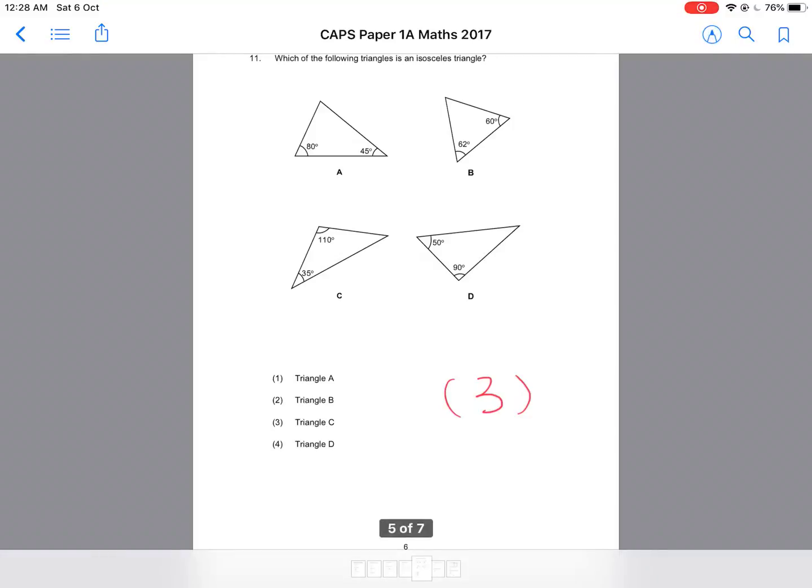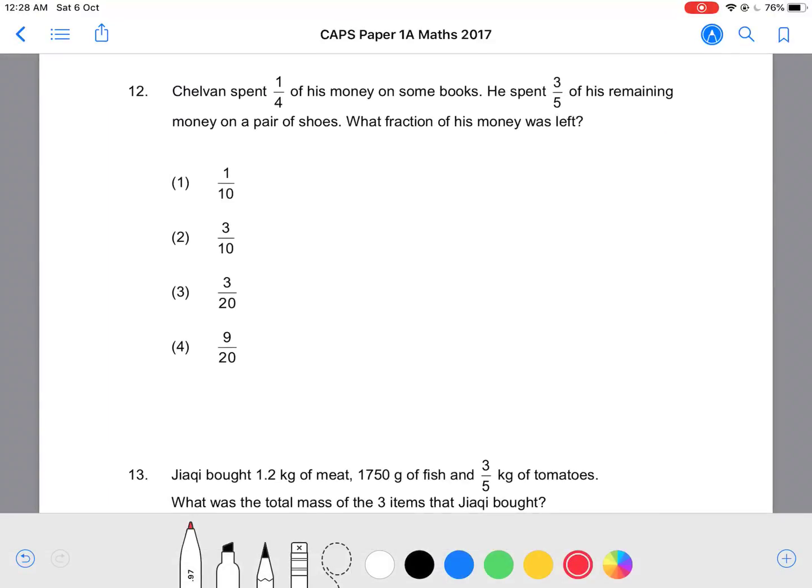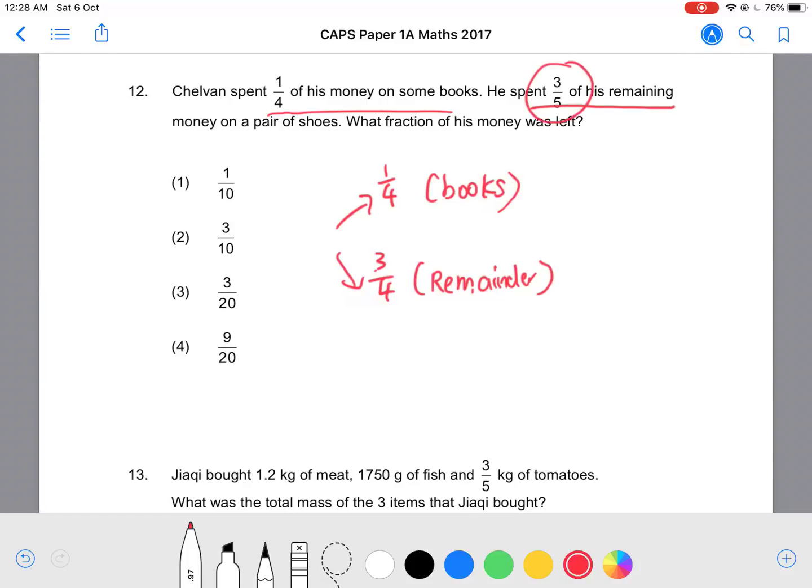Okay, question number 12, our favorite branching. So let's try to branch together. If you spend 1/4 on books, which means that, hidden information, 3/4 is our remainder, right? And out of this remainder, the person spent 3/5 of the remainder on shoes.